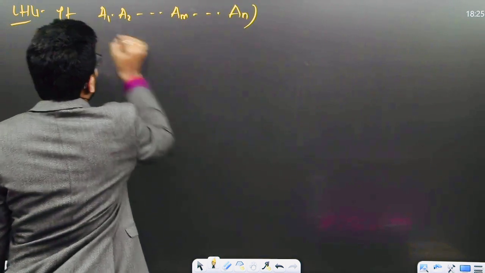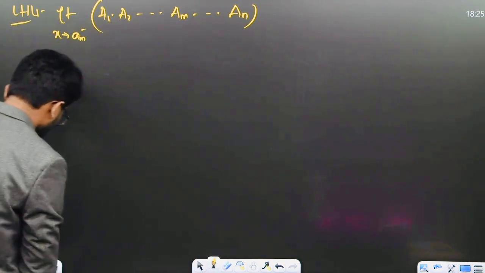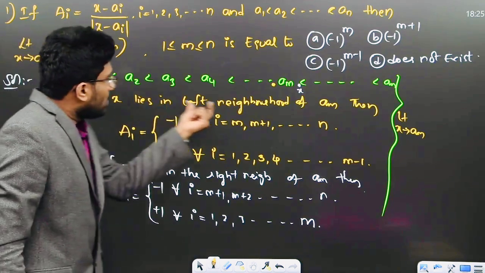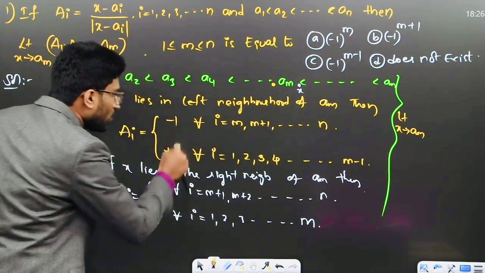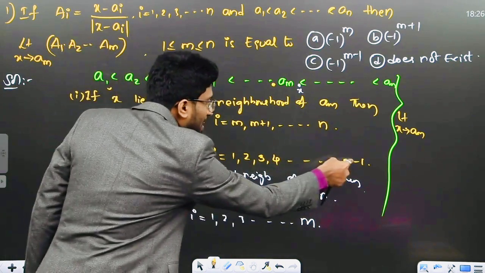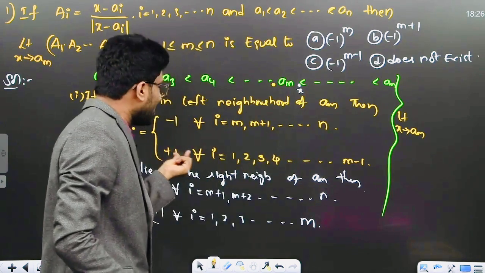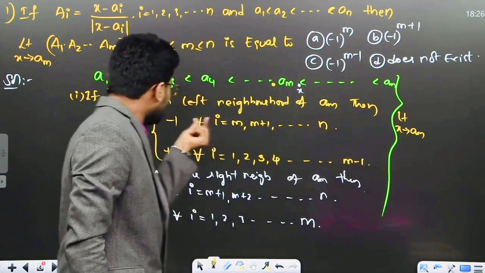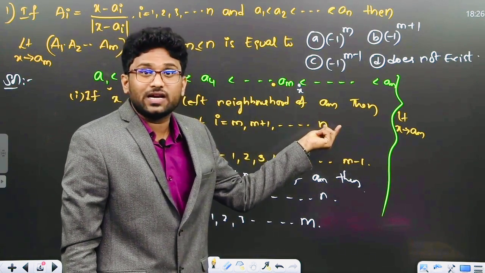A1 into A2 and so on into AM and so on into AN. Now guys, what happens? When x tends to AM minus, from A1 to AM minus 1, from A1, A2, A3 and so on, you will be getting plus 1. And AM plus 1 and so on till AN, all are negative 1.